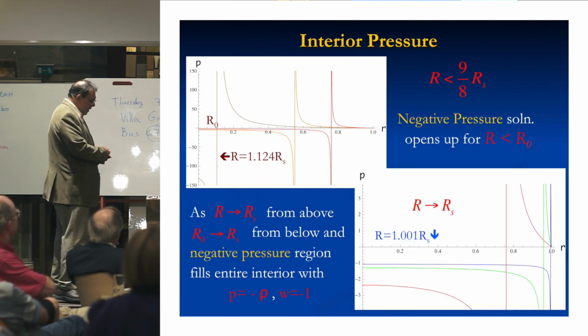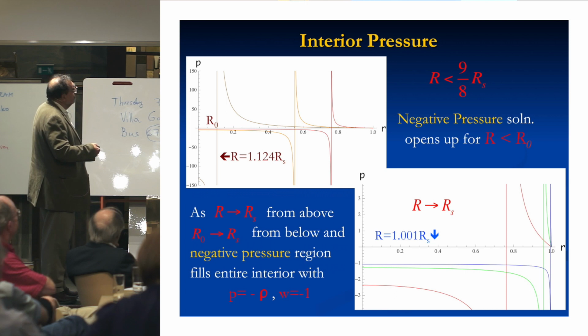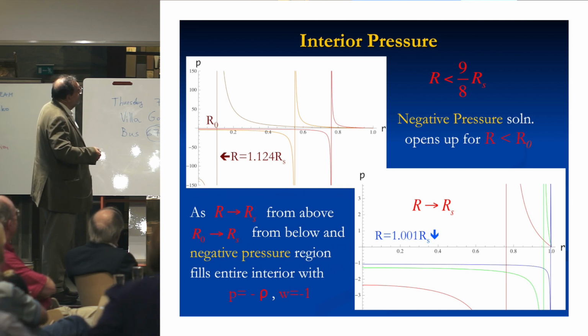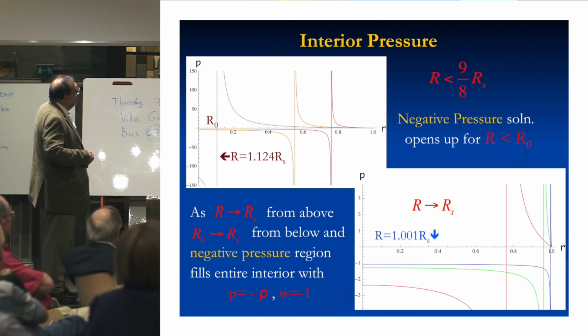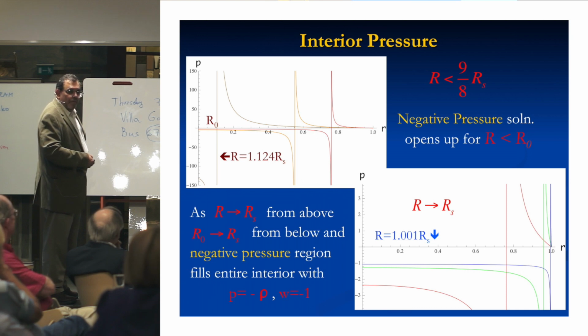And as you go beyond 9/8, this central pressure blows up at a finite radius, and inside that radius, you have a negative pressure region. And moreover, as R goes to the Schwarzschild radius from above, R0 goes to the Schwarzschild radius from below, and the negative pressure region just fills up the whole interior, and in fact becomes P equals minus rho.